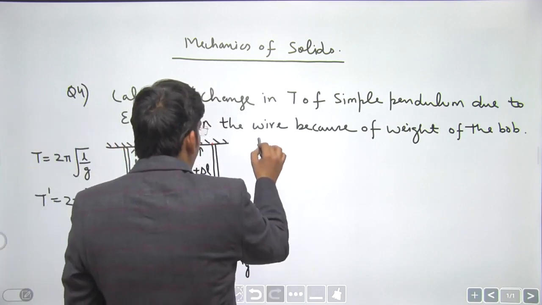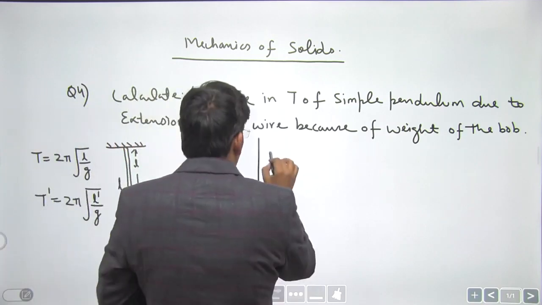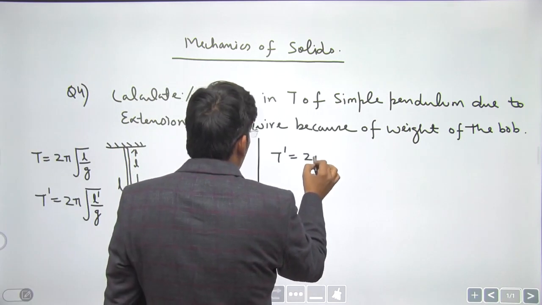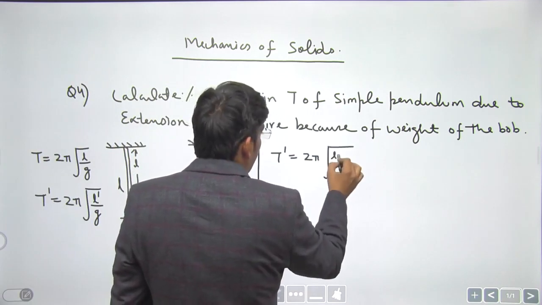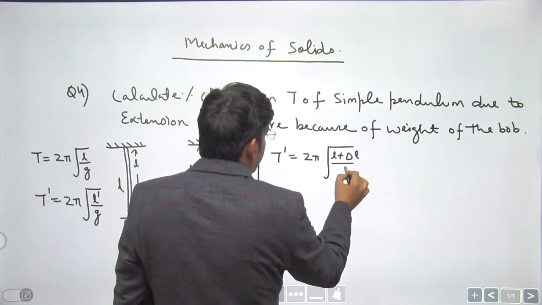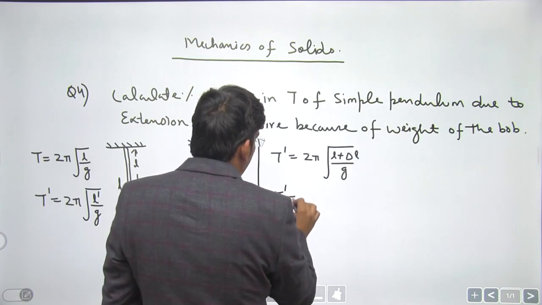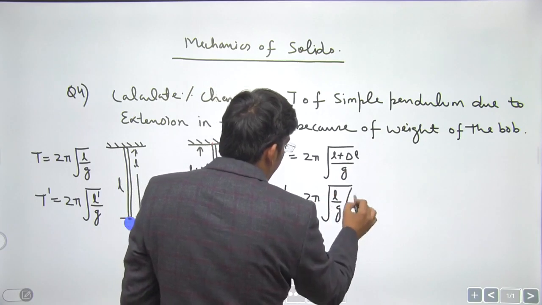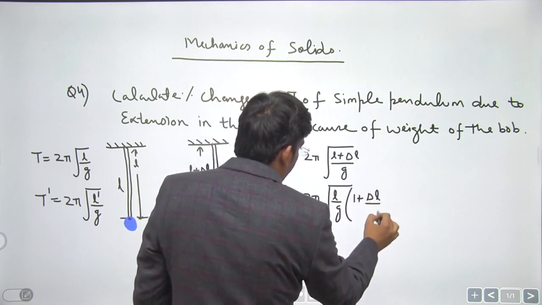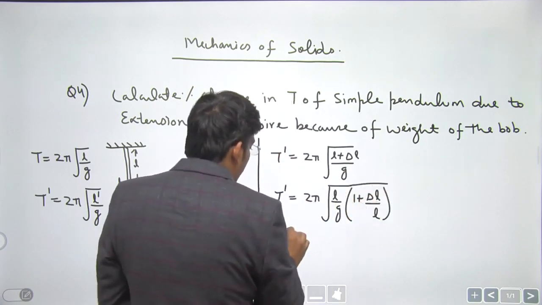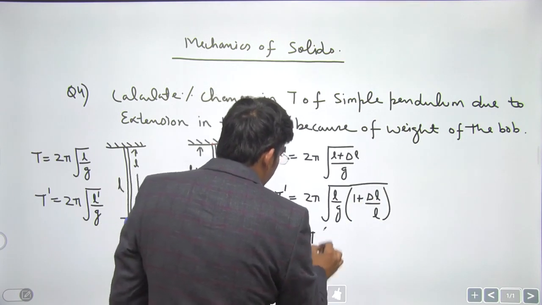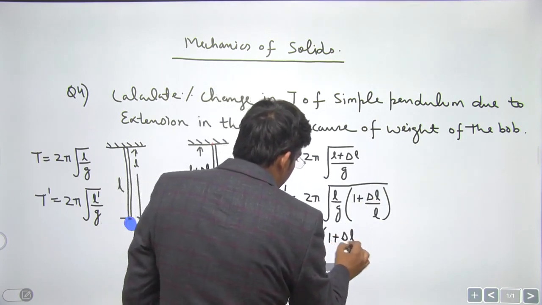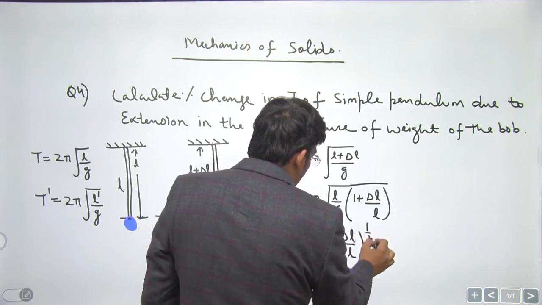Now L dash is L plus delta L, so T dash equals 2 pi under root L plus delta L divided by g. This is equal to 2 pi root L by g, times 1 plus delta L divided by L, all under root. This 2 pi root L by g will become the original time period, dear students. This is 1 plus delta L by L raised to the power 1 by 2.